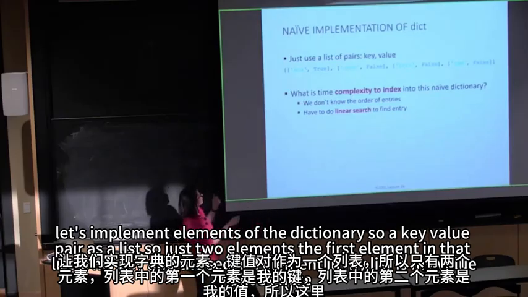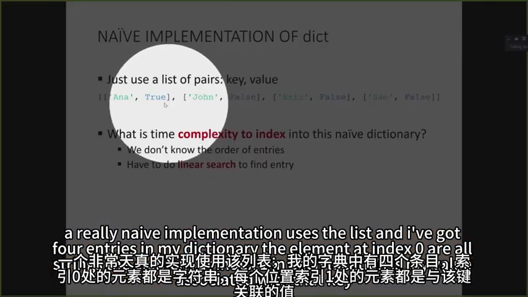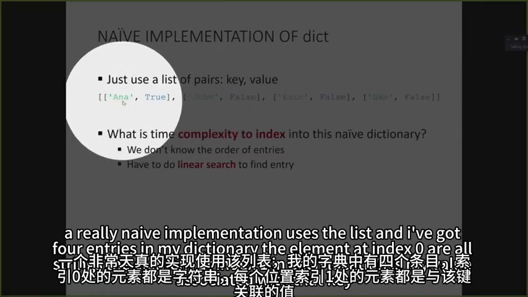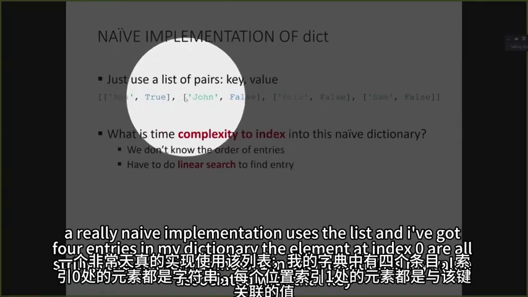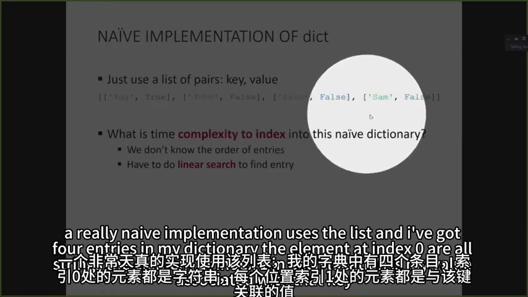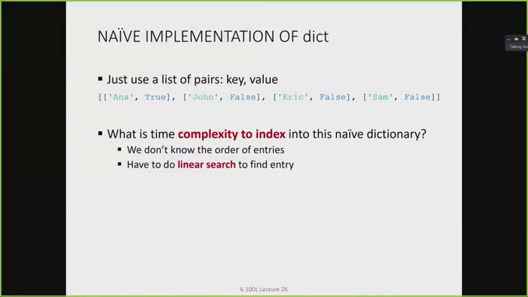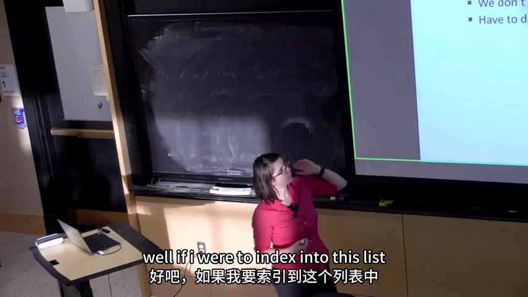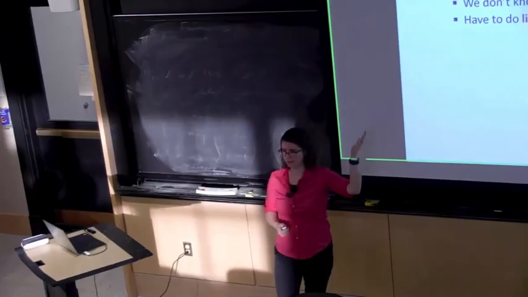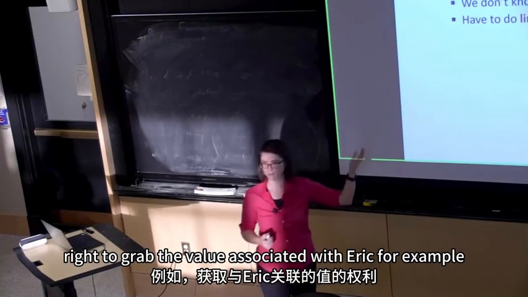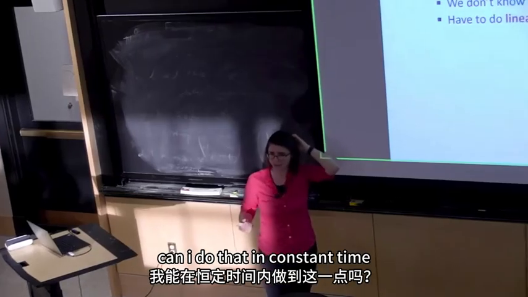So here, a really naive implementation uses the list, and I've got 4 entries in my dictionary. The element at index 0 are all strings. The element at index 1 in each location is my value associated with that key. Well, if I were to index into this list to grab the value associated with Eric, for example, can I do that in constant time?